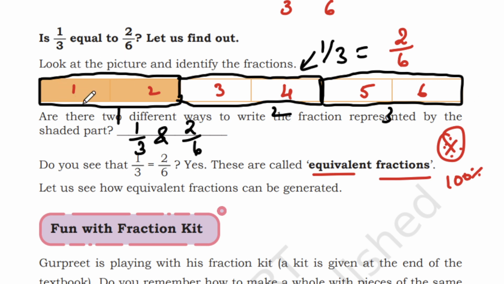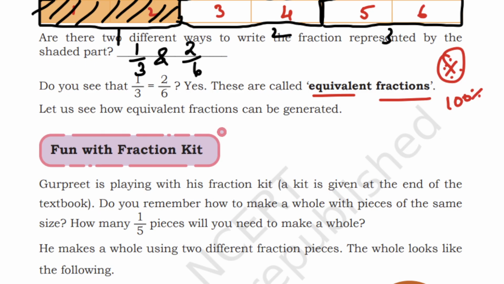So one full part is shaded here. This full part, I'm going to shade. So this full part is shaded. So 1/3 of the part is shaded now. So we have 1/3 and 2 by 6 is equal. So this type of fraction is called an equivalent fraction.